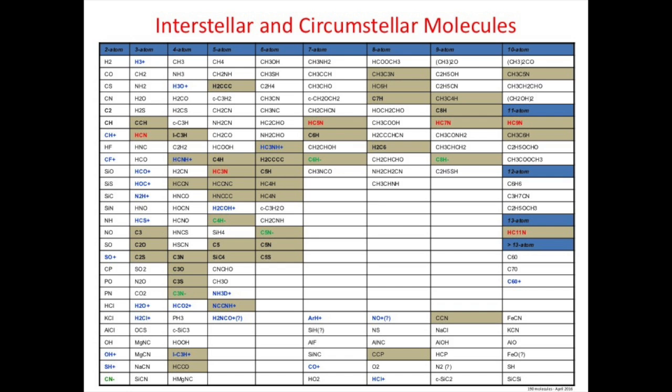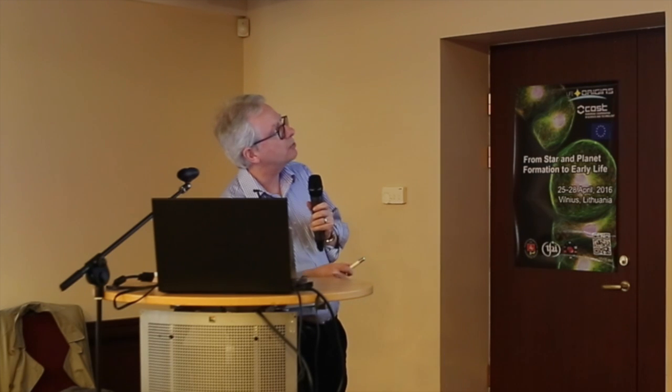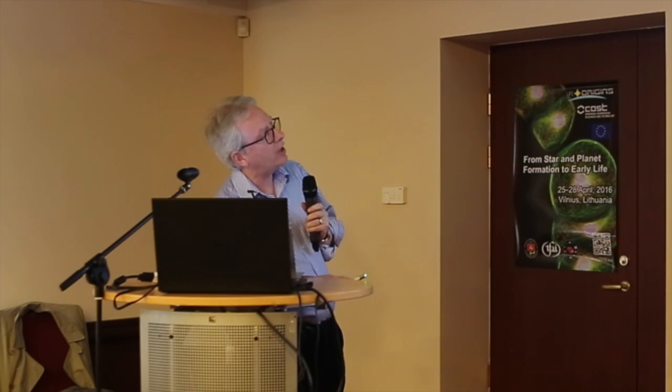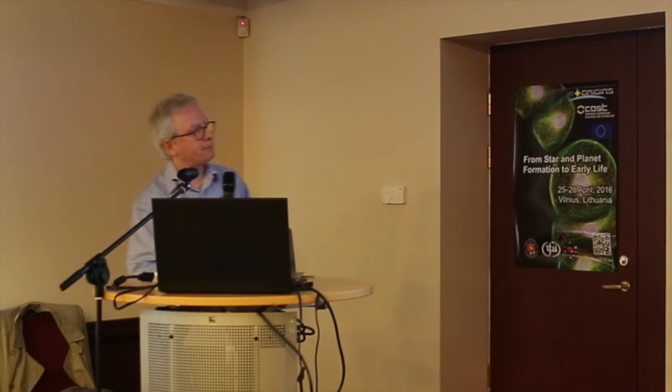So from C4H minus all the way to C8H minus. I have in bold black here hydrocarbons which are just terminated by a hydrogen. So they go from C2H, C3H, C4H, C5H, again all the way up to C8H.